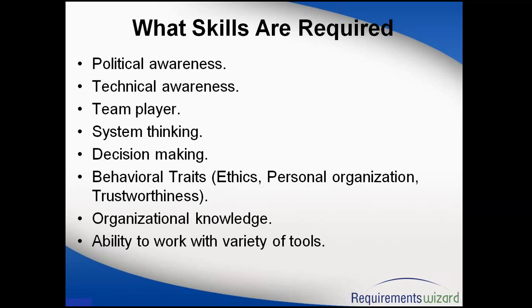Decision making: sometimes you have to decide what solution can be proposed. You have to decide which tools and techniques you will be using or how you need to do the requirements. You need to make certain calls there.